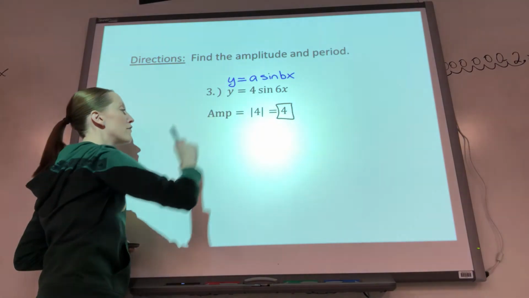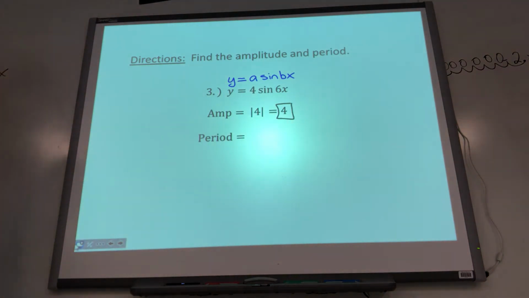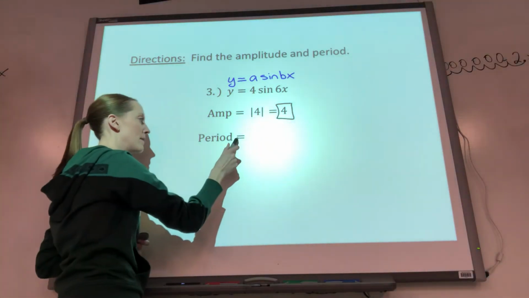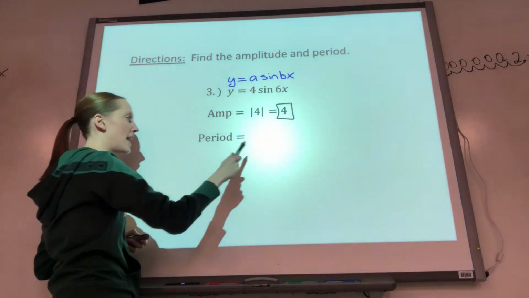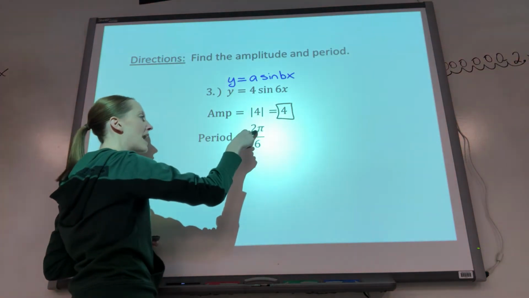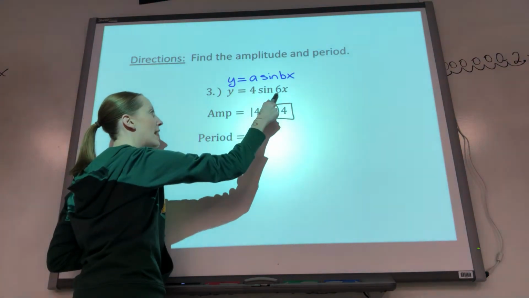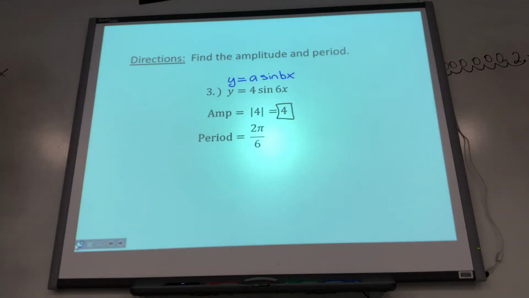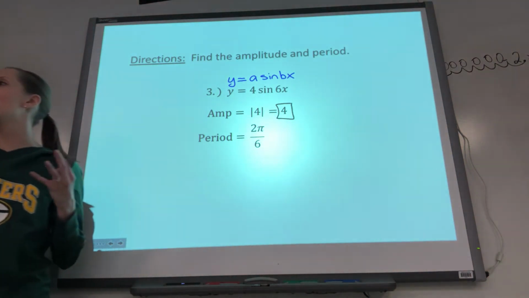Okay, when you go to find the period, we are not going to use decimals. We're going to keep everything in terms of pi. The formula said, take 2 pi divided by b. b in this case is 6. So 2 pi divided by 6.